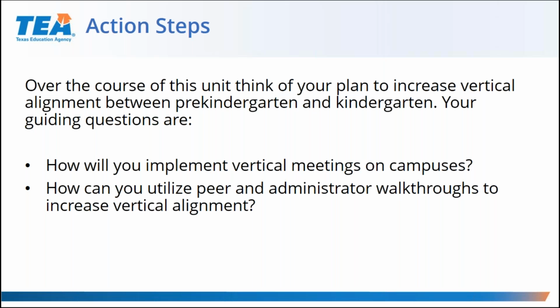Depending on your role, you may not be able to implement some of this during the unit, so think about what you can do in the coming months to host a vertical alignment meeting on a campus, and maybe use that meeting to talk about developing a peer and administrator walkthrough form that focuses on vertical alignment.